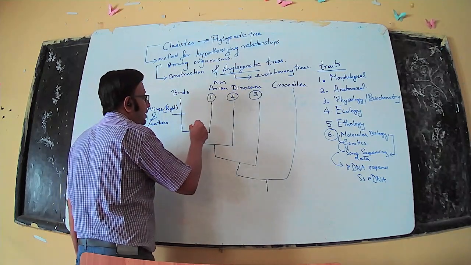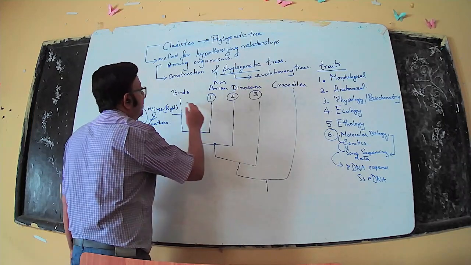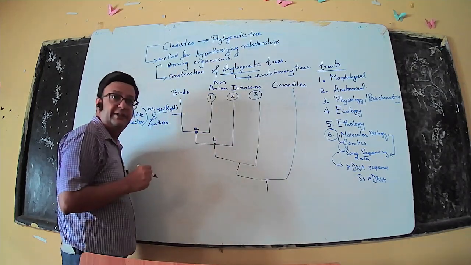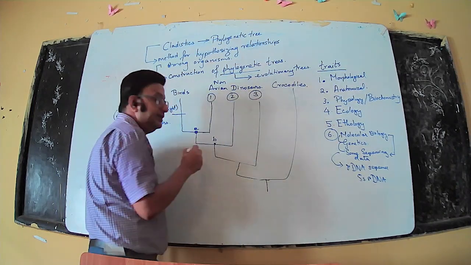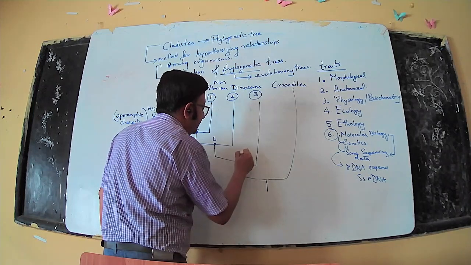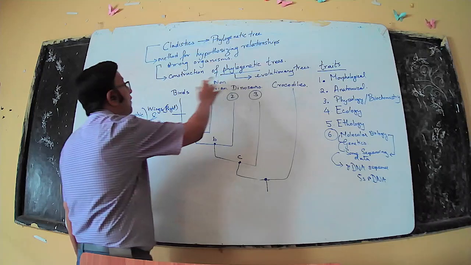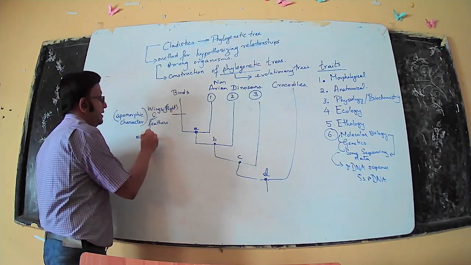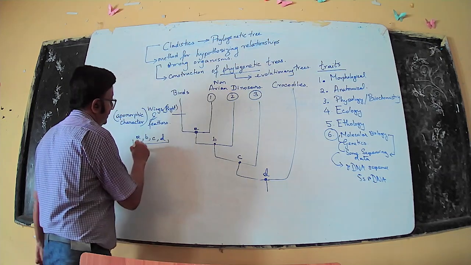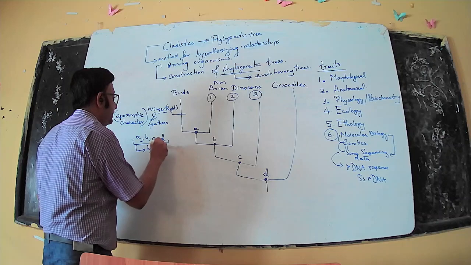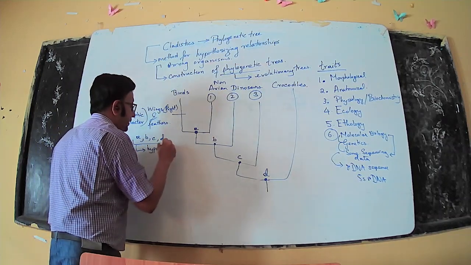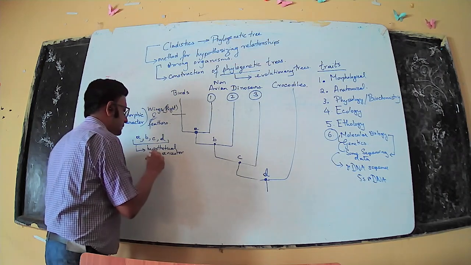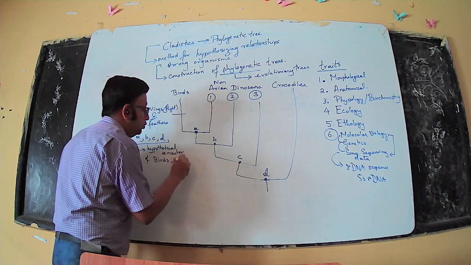I am calling them small a, and among this one, birds and 1 and 2, they had another common ancestor known as B. Then among 3 and birds, you had one more common ancestor, C, and the common ancestor of all of birds, avian dinosaurs and crocodiles, this number D. So A, B, C, D are hypothetical, that is अनुमान लगाया गया, hypothetical ancestors of birds, 1, 2, 3 and crocodiles.